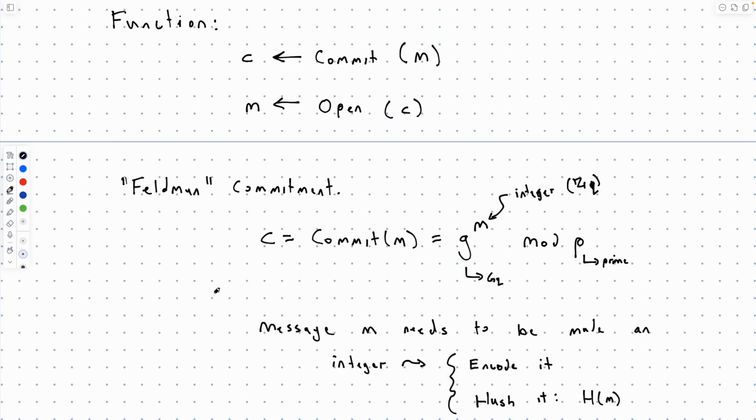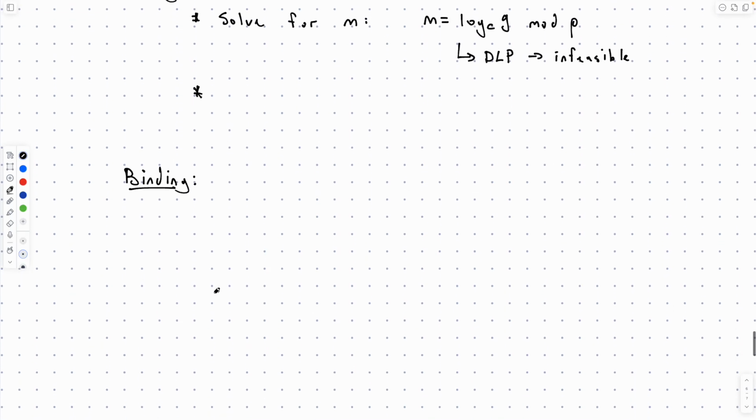Let's try and write down in math what we're doing, and then maybe we'll be able to see whether it's the case. Basically, I have g to the m mod p equals c. Later I want to find m prime, not equal to m, so a different m.